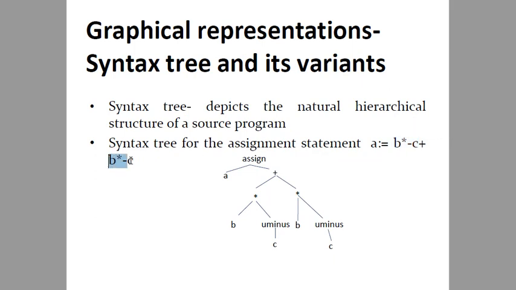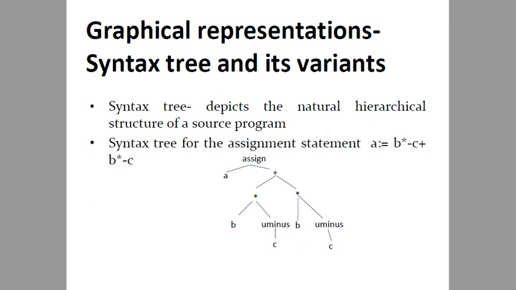In the syntax tree, we took 2 different nodes for b, 2 different nodes for c, 2 different nodes for unary minus, and 2 different nodes for star. But in a DAG, as this is a common sub-expression, we reduce the number of nodes and keep it as simple as possible, to make it more optimized.